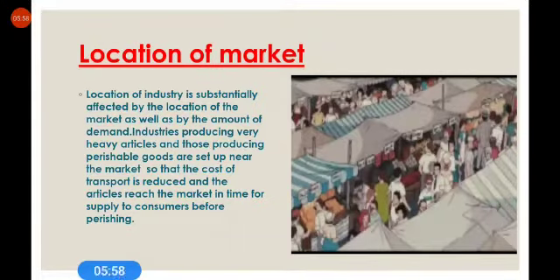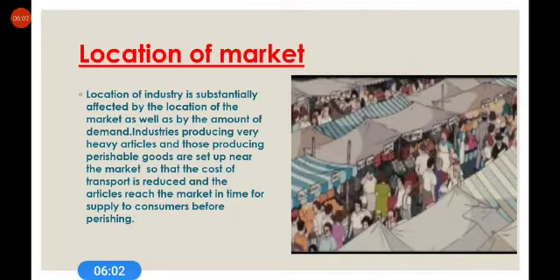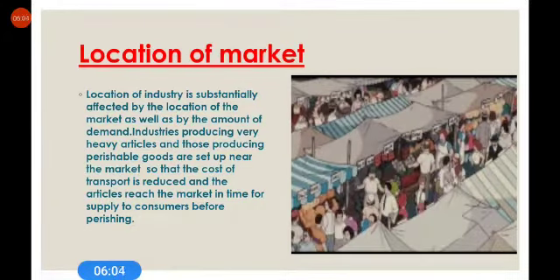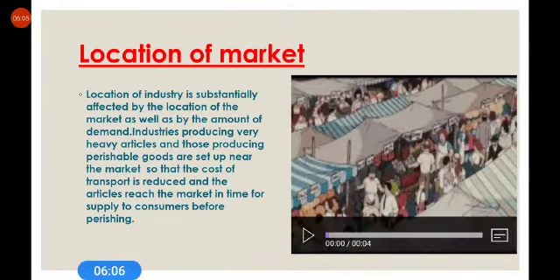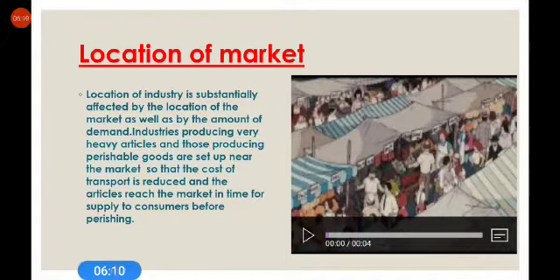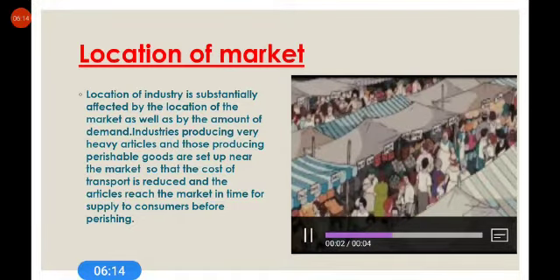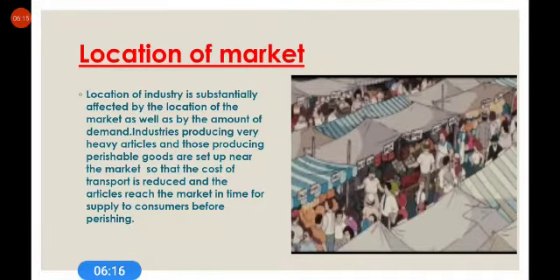Now, location of market. The location of industry is substantially affected by the location of the market as well as by the amount of demand. Consider industries producing very heavy articles and those producing perishable goods. What are perishable goods?